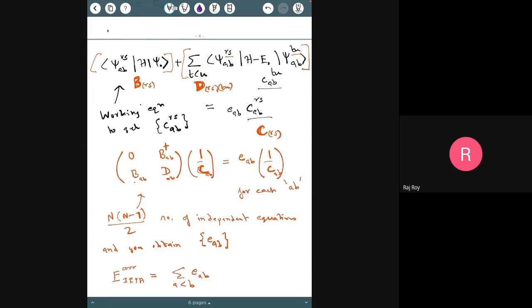So the first thing that people did was you remove the coupling between, so we have, let's see, where did that go? Yeah, you have a coupling between CAB-TU and CAB-RS. Okay.